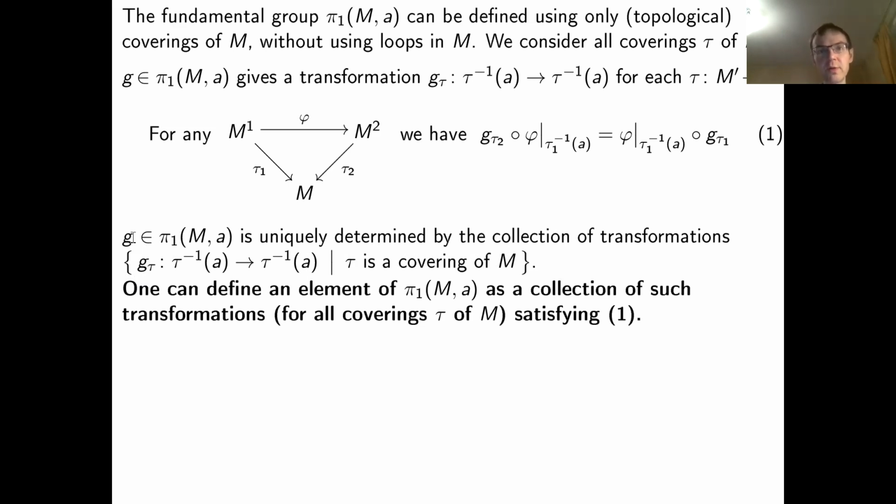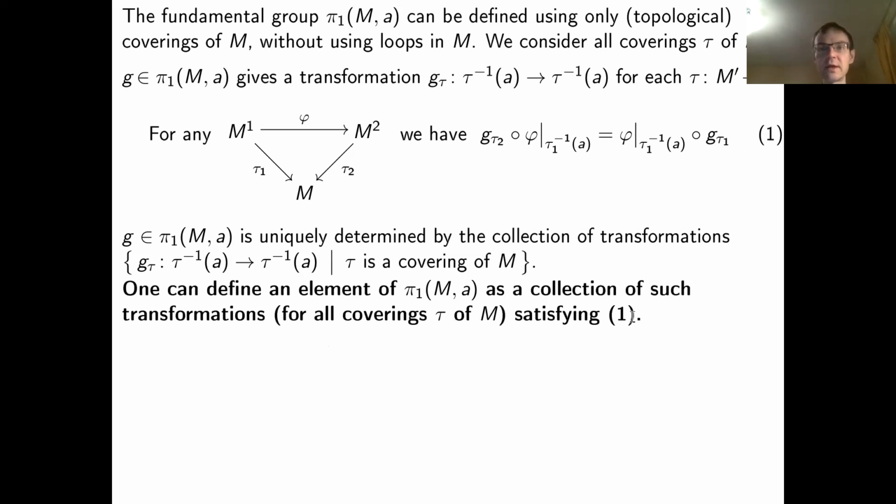Now we do the following, which is well known. We give an alternative definition of the fundamental group as follows. By definition, an element of the fundamental group is a collection of such transformations for all coverings tau satisfying property 1.